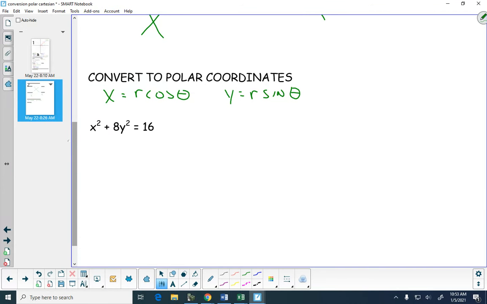Well, what we're left with is an x squared plus y squared here. So if we make a substitution, we have r cosine of theta squared plus 8r sine of theta all squared is equal to 16.